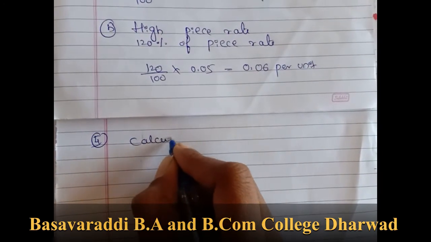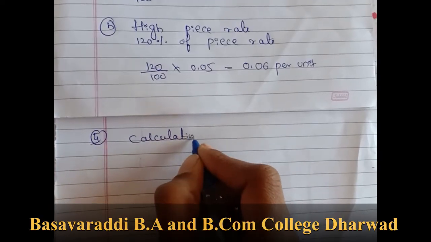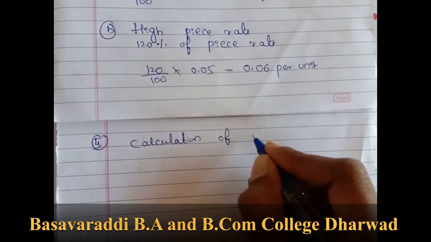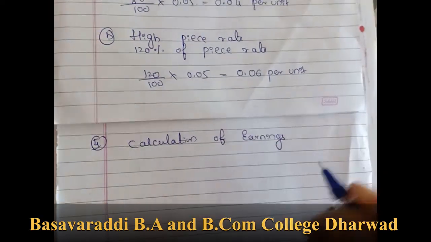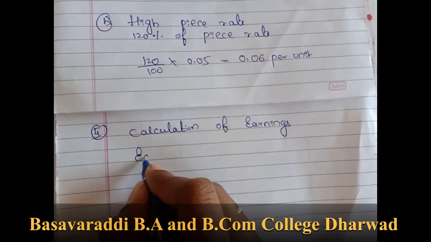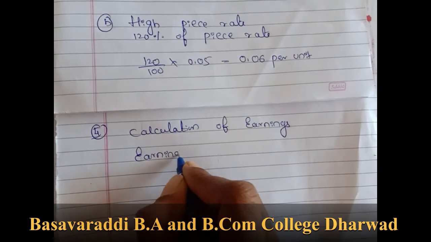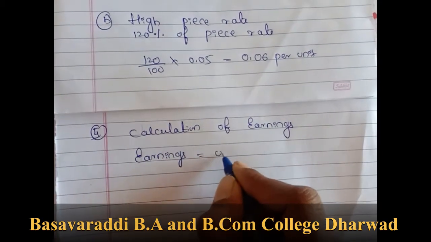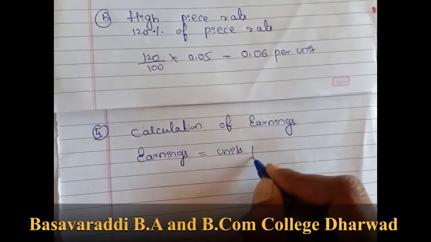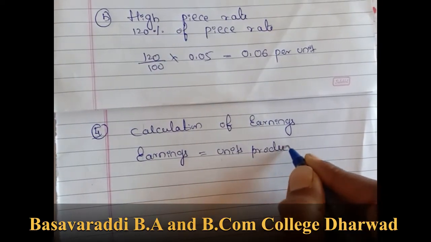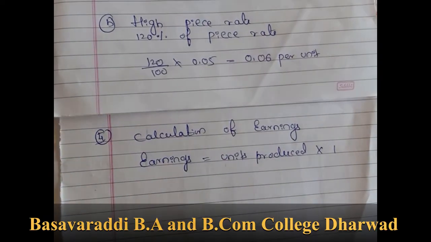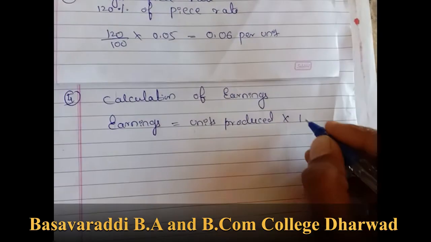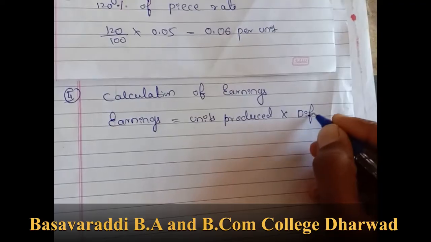Working note number 5. Calculation of earnings. Earnings is equal to units produced into differential piece rate.